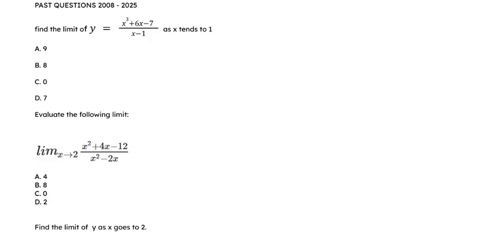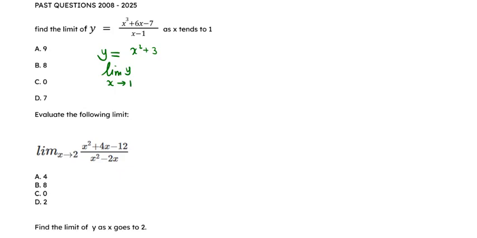Now, generally speaking, there are different ways of evaluating the limit of a function depending on the way the function comes. Sometimes direct substitution will just get you the answer. Let me give you a specific case where direct substitution will get you the answer. Let's say we have y equals x squared plus 3, and the question says evaluate the limit of y as x approaches 1.